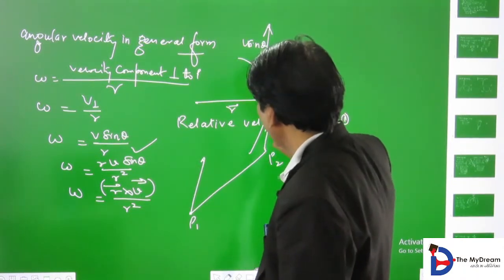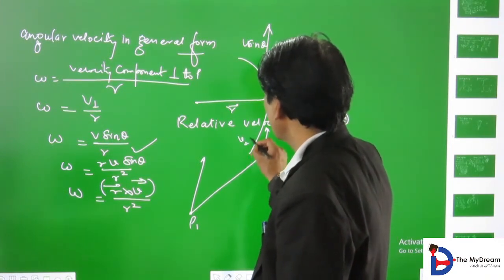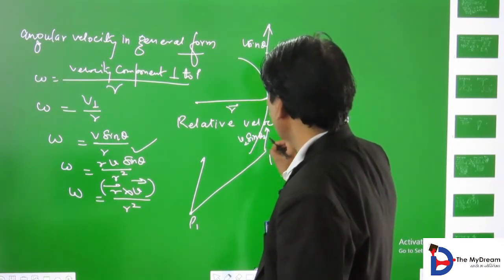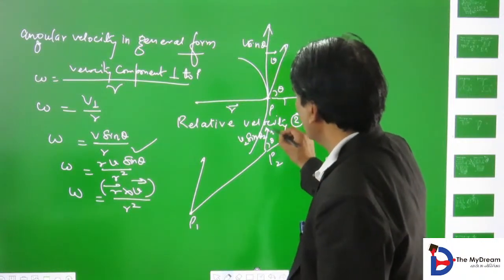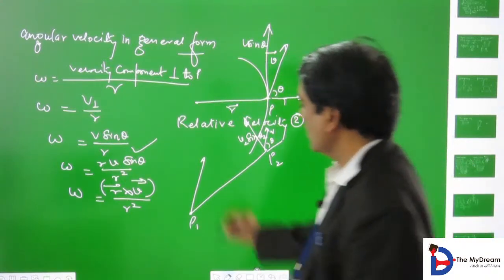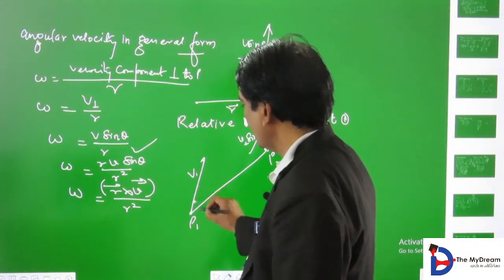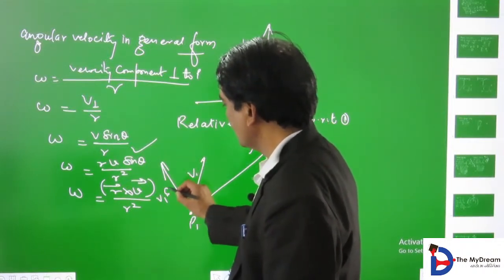Velocities are given to you, that is V2 sin theta 2. Let's make an angle theta. This is V1, say this is theta 1, so its perpendicular component is V1 sin theta 1.